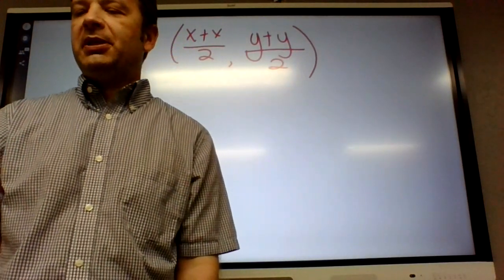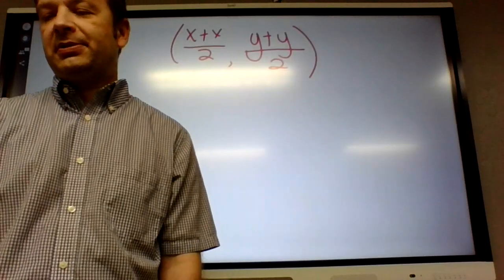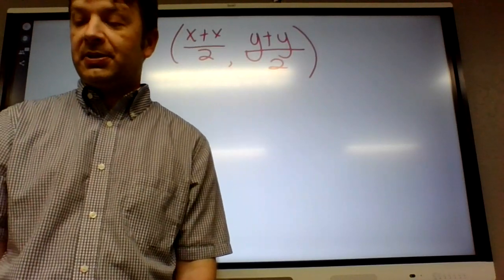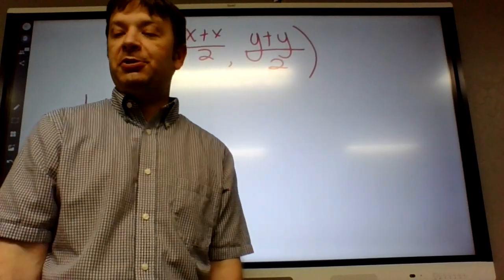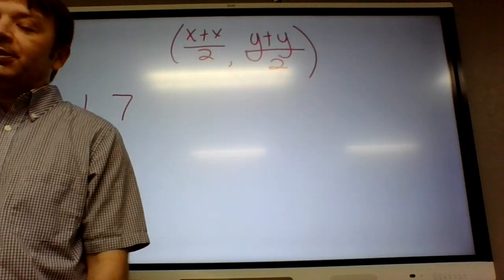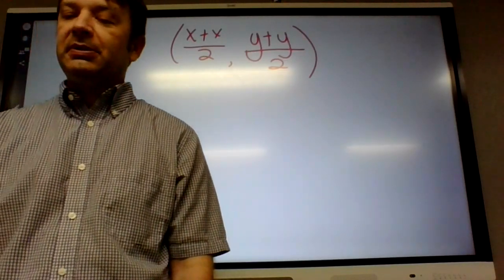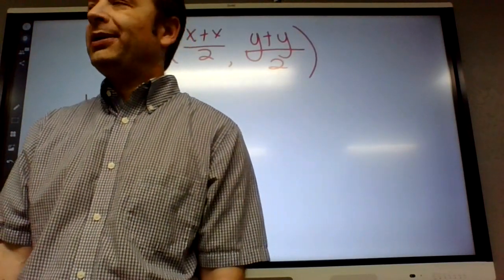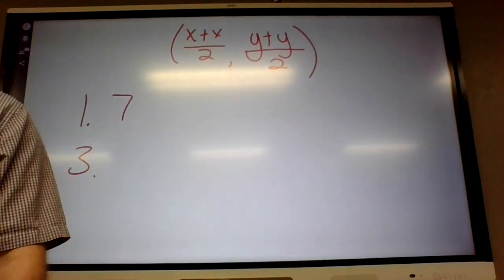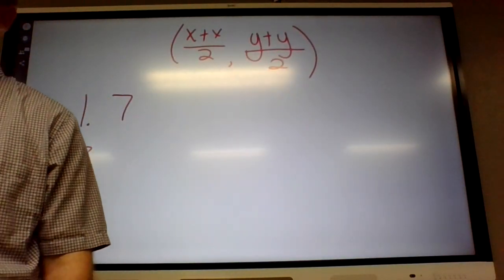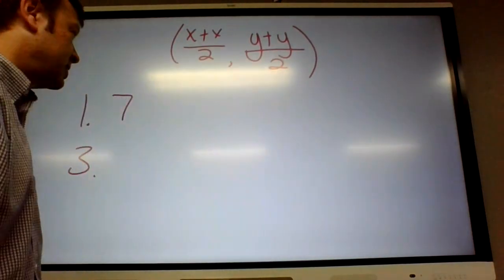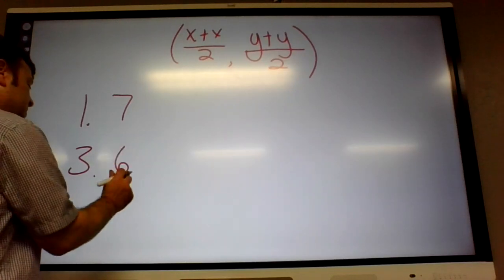Number 3, we actually didn't talk about this, but it's easy enough you could guess it. So when you split an isosceles triangle with a line down the middle, the base gets split in half. It makes 2 equal triangles. So if that top part is 6, the bottom part is 6.